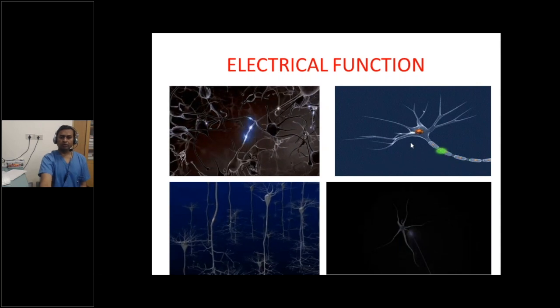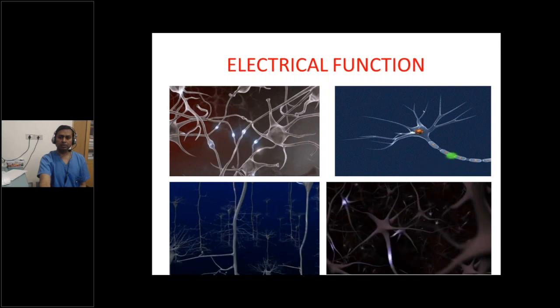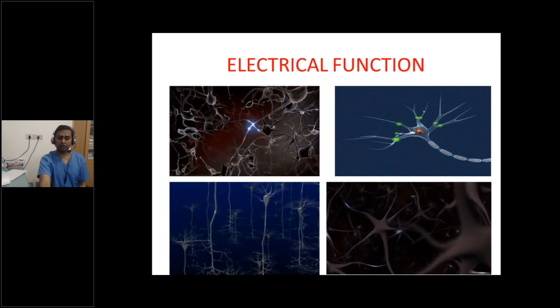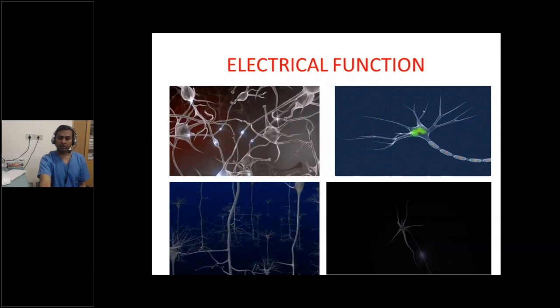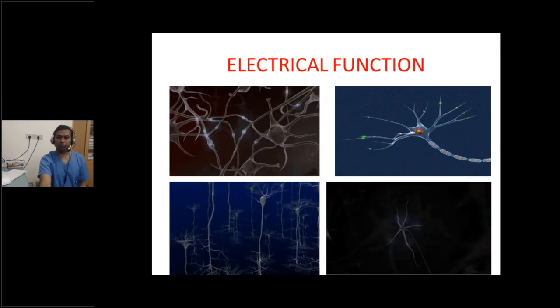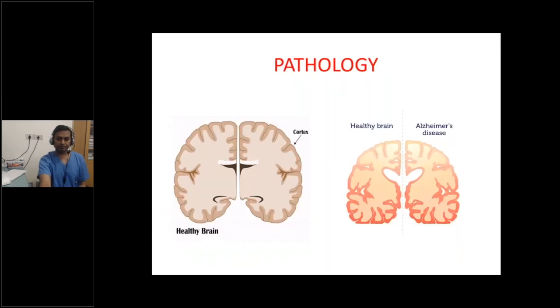So the electrical function of the brain is a combination of synapses, and electrical firing involves each and every neuron, and the integration of this electrical firing leads to overall brain processing, and our behavior and our intellect.